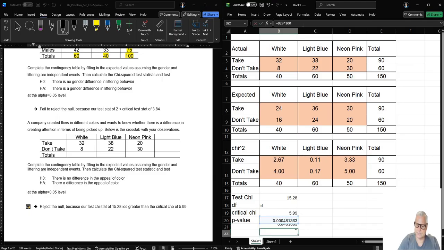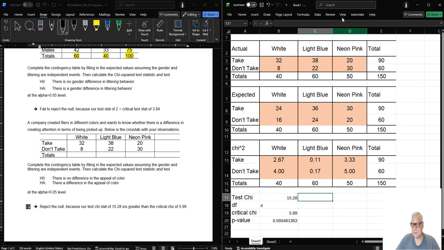Well, 0.05%. Okay, so this is like maybe the cumbersome way of conducting a chi-square test, but there's also the shortcut.